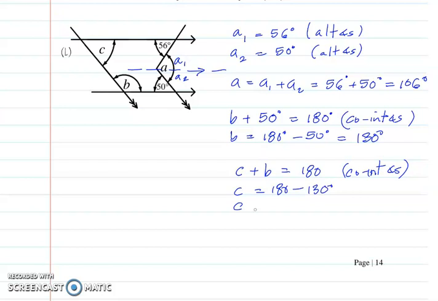So C would be equal to 50 degrees. So B and C are co-interior angles because they are between these two parallel lines and they're on the same side of the transversal. All right, so I want you guys to go over this question and ensure that you fully understand it. But this question marks the end of the topic.